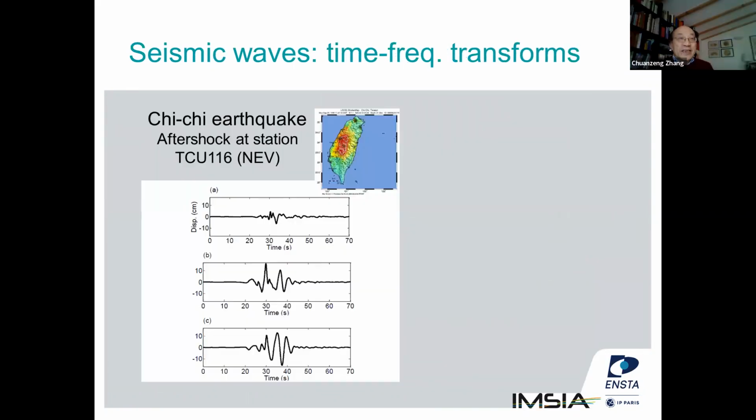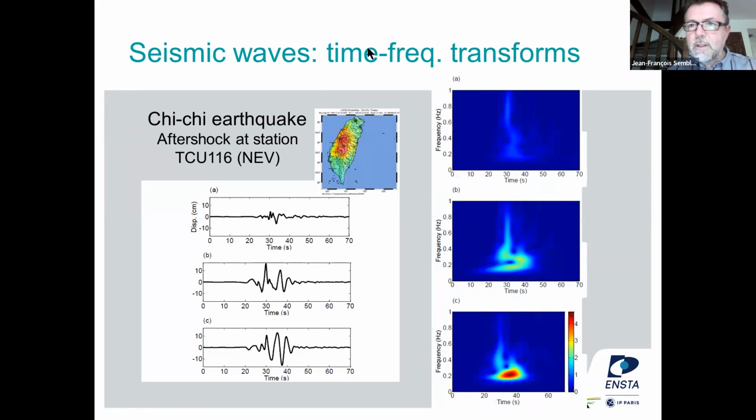If I come back to this work, as you can see here, the main advantage of the Stockwell transform is to move from this time domain signal to this time frequency domain signal. If we take this signal, you can see that between 30 and 40 seconds, we have a large amount of the energy concentrated in this time window.